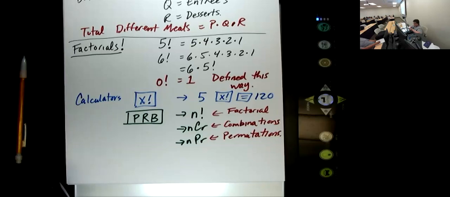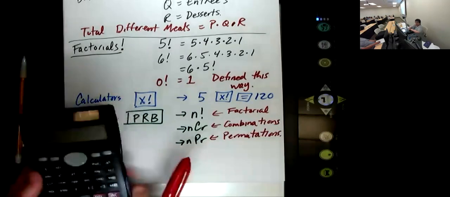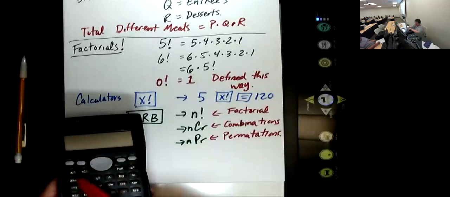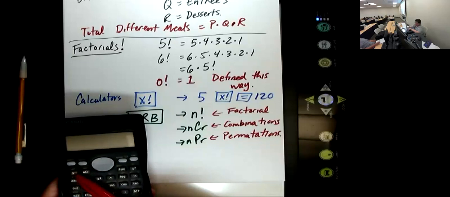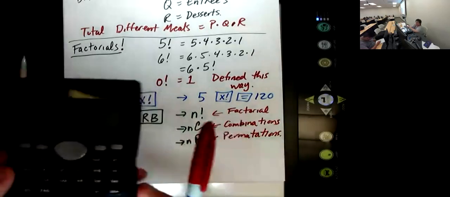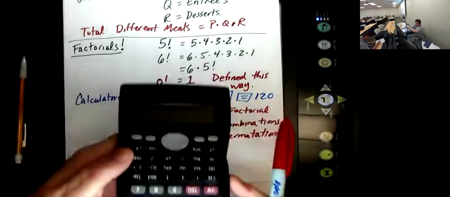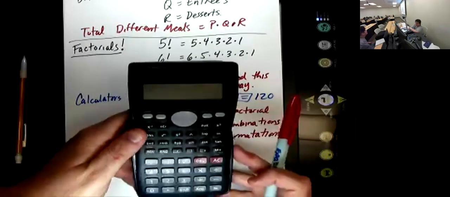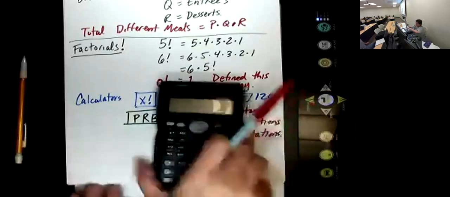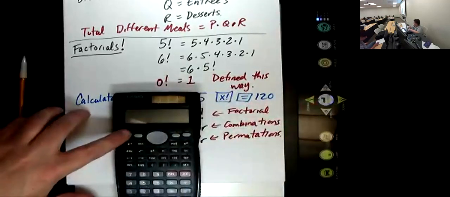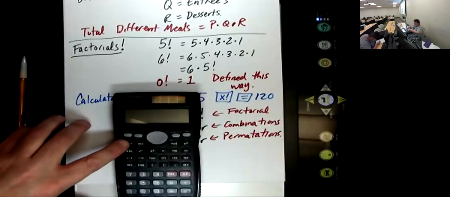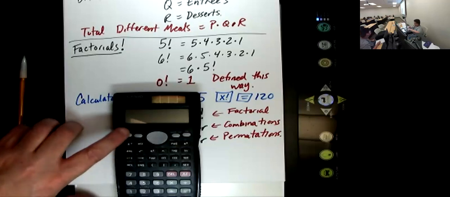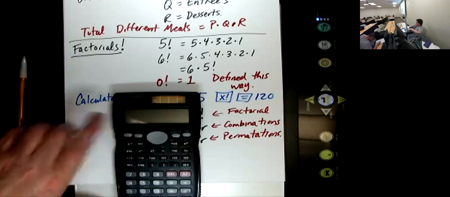Above the x minus 1 key, if I hit this key and then that key, I get the factorial. I have NCR listed. And if I hit the shift key and that key, I get the NPR.